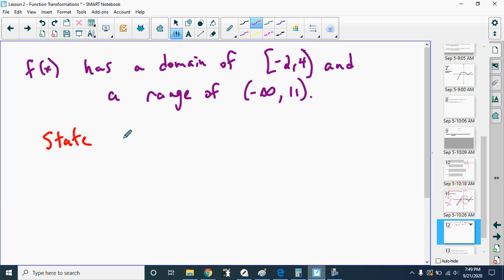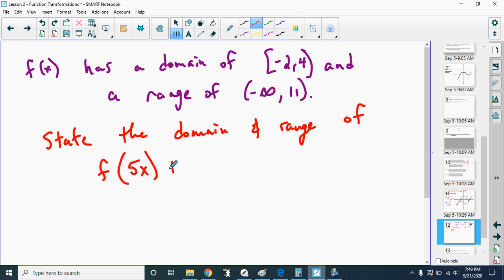And it asks us to state the domain and range of f of 5x plus 6.